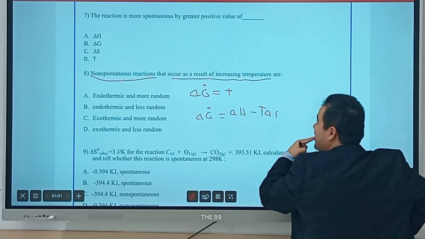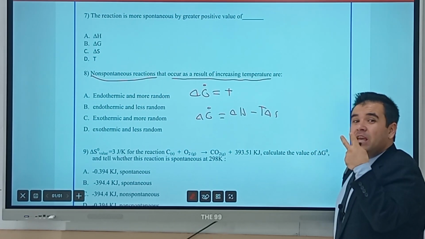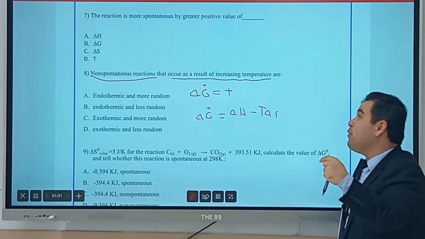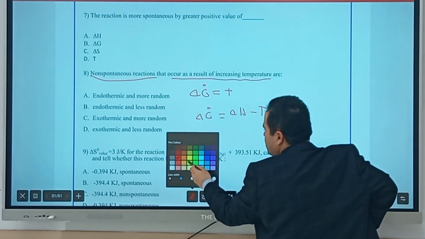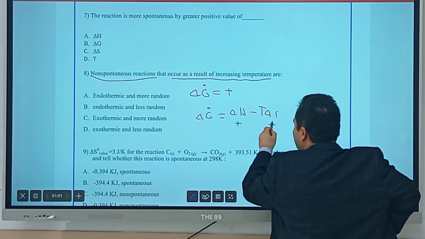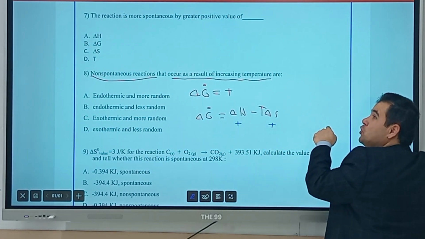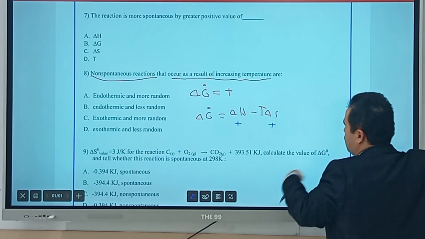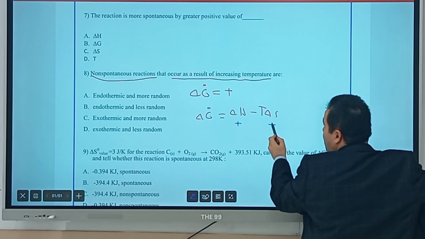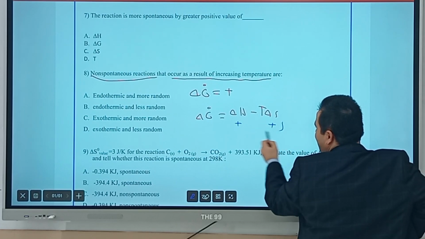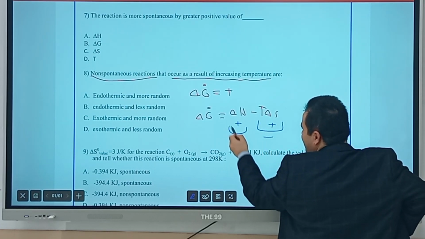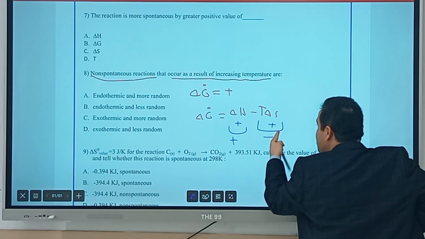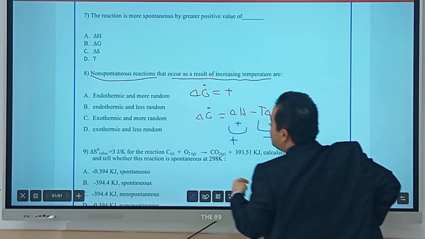Let us test the cases. Of course, the signs must be the same. Why? Because temperature has an effect when the signs are equal. Let us test both possibilities of positive. At a higher temperature, the reaction must change to spontaneous. So positive multiplied by negative is negative, and in this case, at high temperature, the reaction becomes spontaneous.